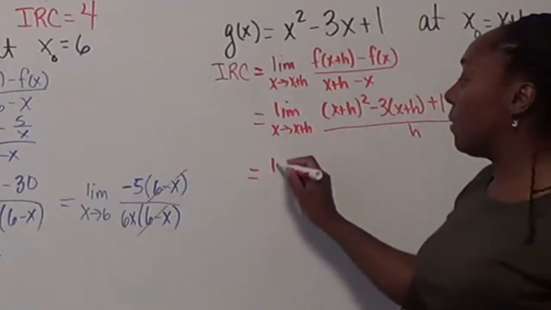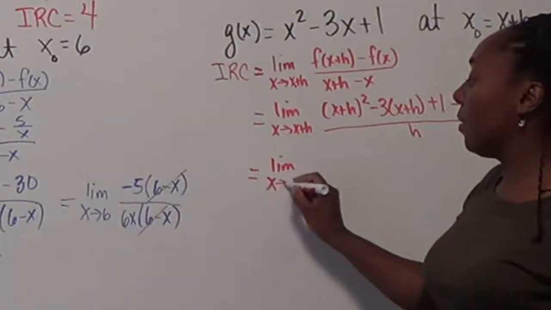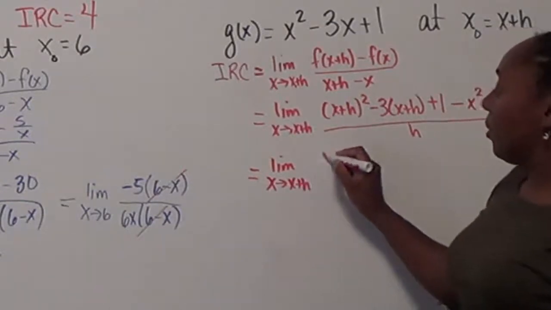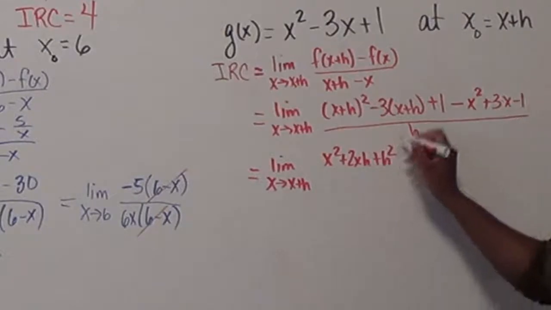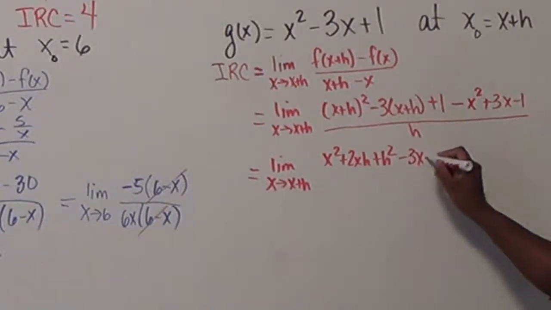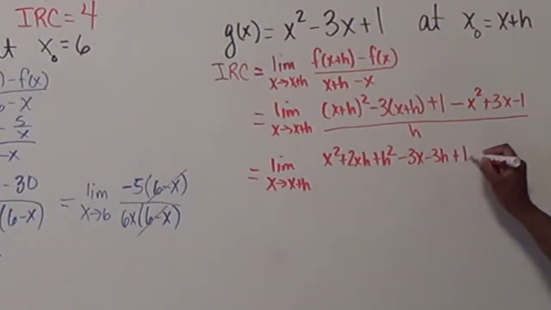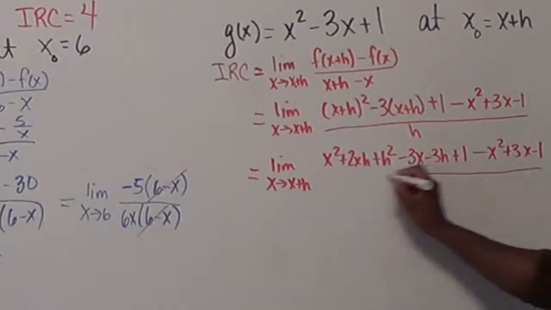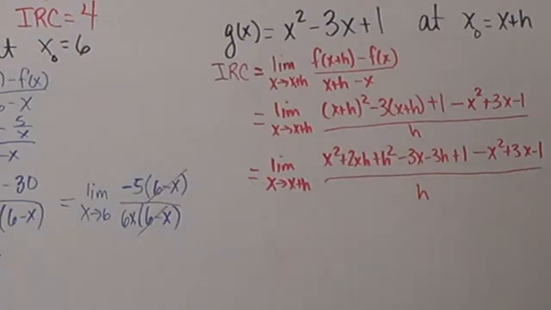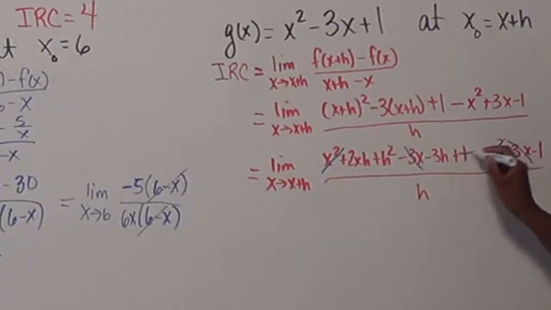Simplifying, we'll multiply some things out. So we'll get an x squared plus 2xh plus h squared minus a 3x minus 3h plus 1 minus x squared plus 3x minus 1. And we can see when we do that, the x squareds cancel out, the 3x's cancel out, and the 1's cancel out.